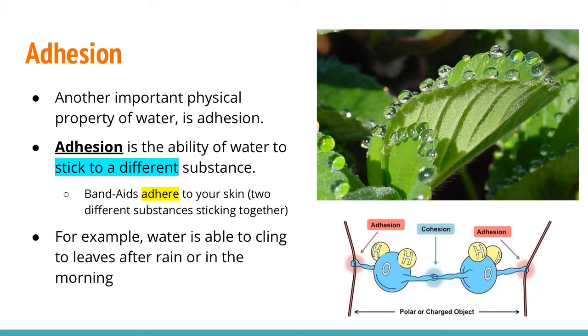Band-Aids adhere to our skin where we have two different substances sticking together, the Band-Aid and the skin. We can see that water likes to cling to leaves or to spider webs and things like that after the rain or in the morning. But the adhesion is one substance attaching itself to the water, or the water attaches itself to a different substance. Okay?